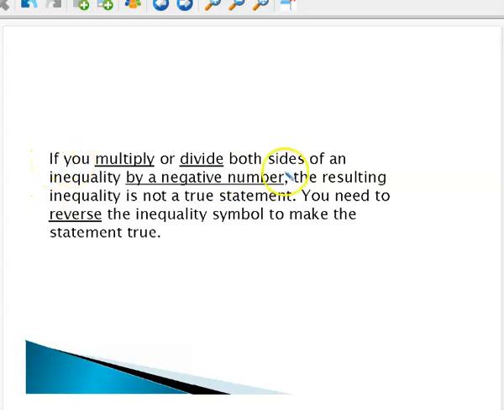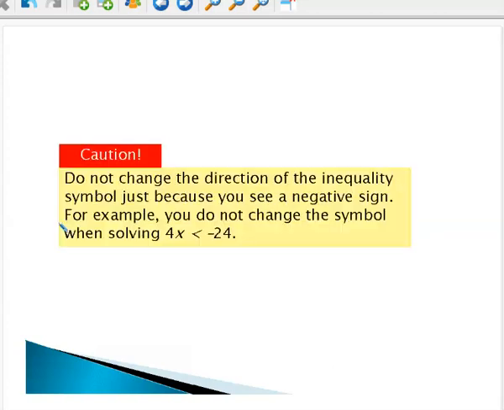If you multiply or divide both sides of an inequality by a negative number, the resulting inequality is not a true statement. The only way to make it true is by reversing the inequality. So we need to reverse the inequality so that we can make our statement true after multiplying or dividing by a negative number. So let's go in and practice this.